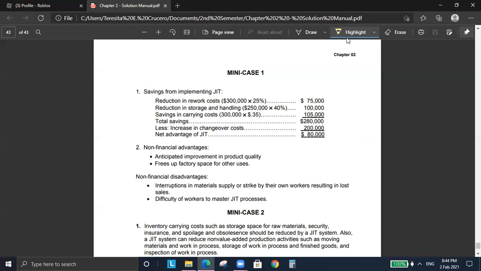If ever the supplier has problems with the workforce, then you will not be having supplies of materials that may end up with lost production in your case. Difficulty of workers to master JIT process. Now, to the extent that you are adopting JIT for the first time, however, as you continue using it, then the workers will already adapt to the new system.